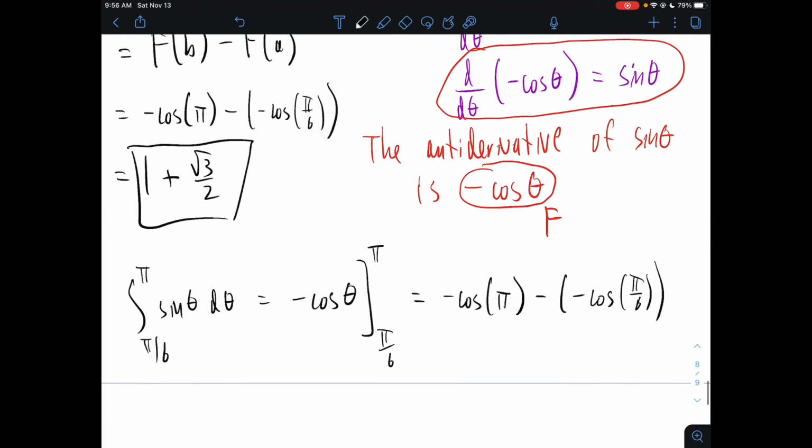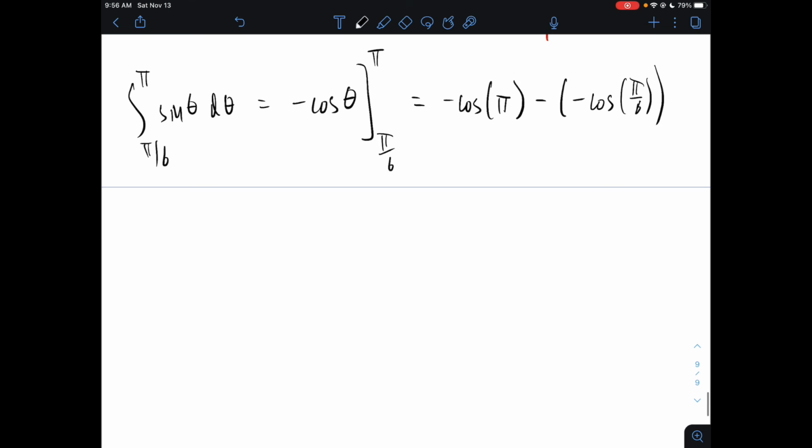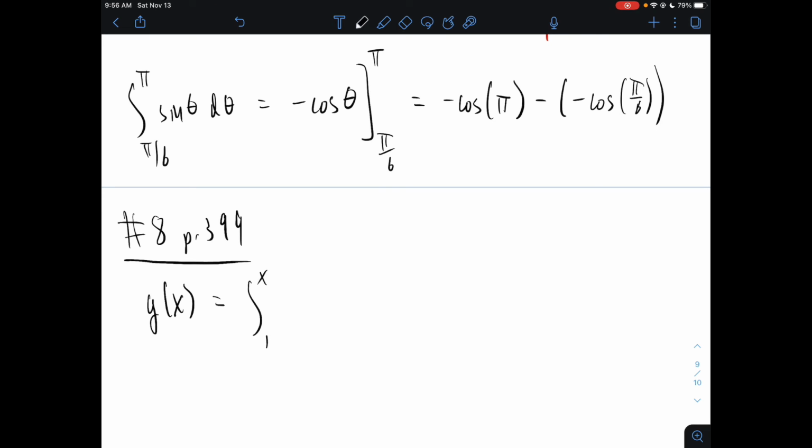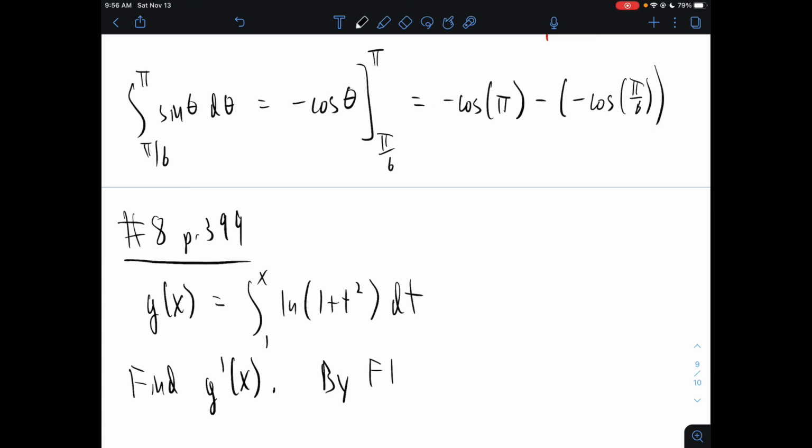And then let's look at a couple of examples related to the fundamental theorem of calculus part 1. Number 8 on page 399. We're given that g of x is equal to the integral from 1 to x of the natural log of 1 plus t squared dt, and we want to find g prime of x. According to the fundamental theorem of calculus part 1, g prime of x is equal to f of x.